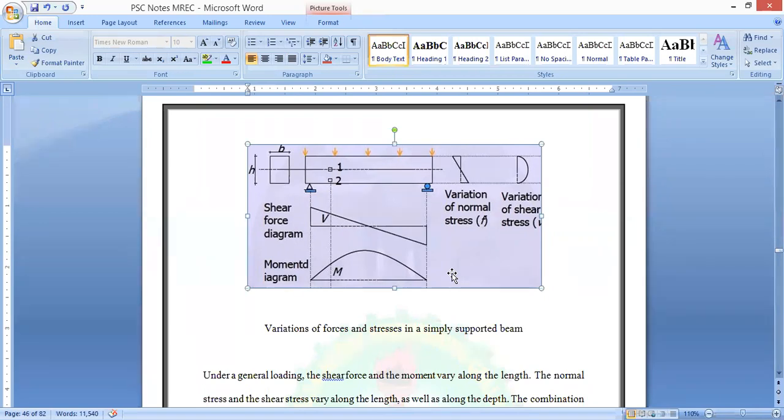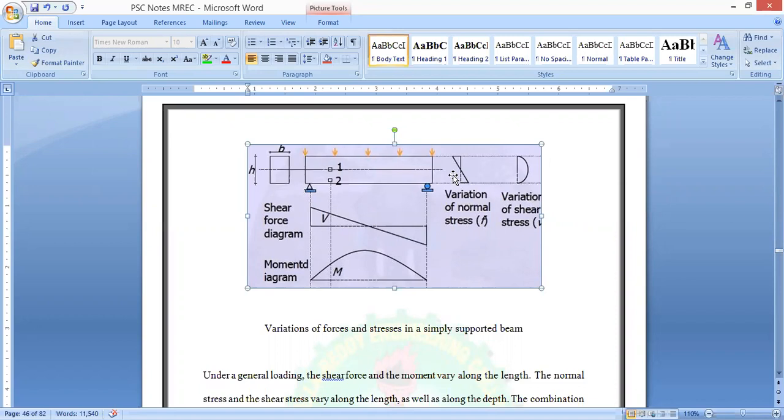So what are the stress diagrams for this? The first one is normal stress. What do we mean by normal stress? Normal stress, or direct stress. This stress resembles its bending behavior. This stress is a shear stress diagram. For this rectangular beam, this is the bending stress diagram and this is the shear stress diagram.